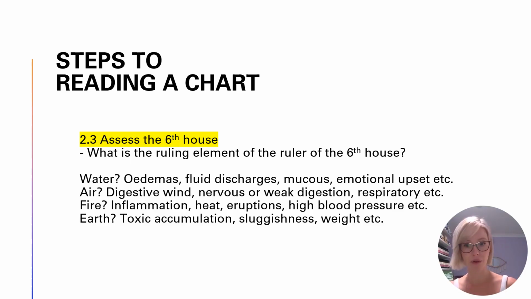So a person with the Aquarius 6th house may be more prone to digestive wind, nervous weak digestion, respiratory issues. So consider that element, not just the sign, but the nature of the element, and that can give you some clues as to how the health may be impacted or the areas of health that need constant attending to maintain vitality.